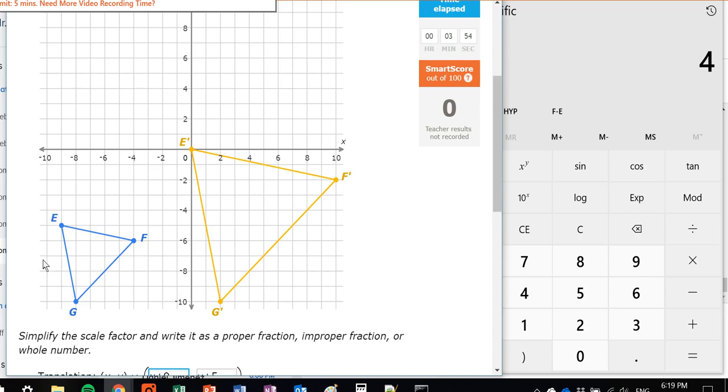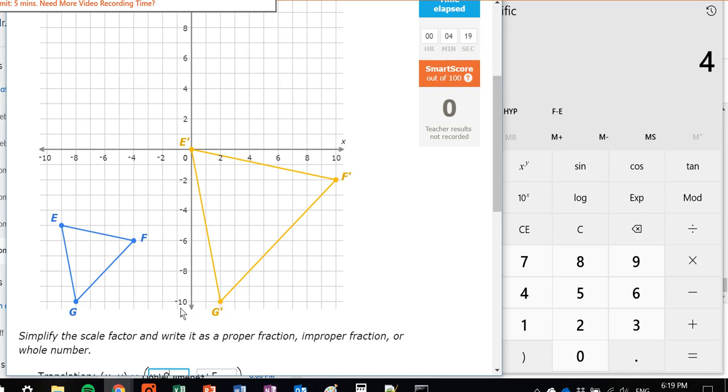Another slightly easy part, but it's confusing some people, is the scale factor. All I have to do is count how many units this side is. So this side is 5 units down and 1 unit across. Now this shape, I don't even have to count because this is the whole graph: it's 10 units down, and I count over here, it's 2 units across.